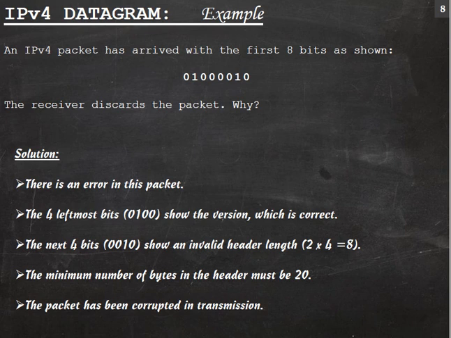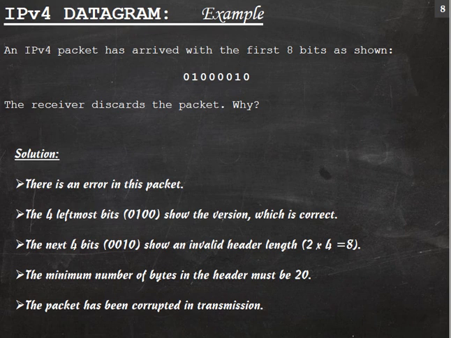The solution. Before going to the solution, as per the problem, the first 8 bits have been given. If you just remember, in the first 8 bits, the first 4 bits, that is 0100, indicate the version. As I said, it is IPv4, so version 4. So 0100 is equal to 4, so that is correct.